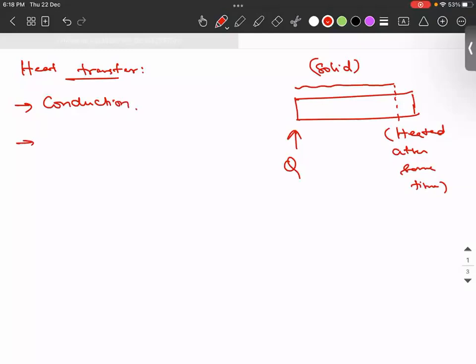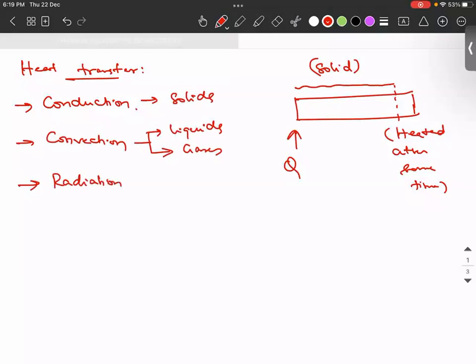Similarly, what is the other type of heat transfer you can think of? The other is called convection. So where does convection take place? Conduction takes place in the case of solids. And what is the third type? Radiation. Radiation does not require any medium for propagation.